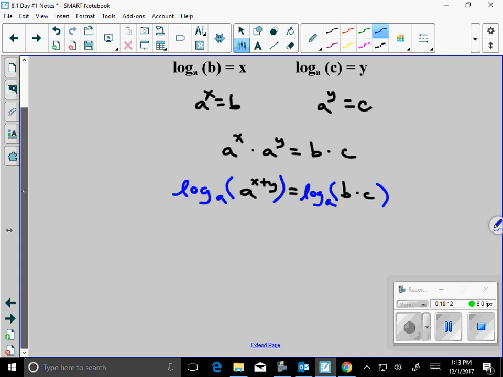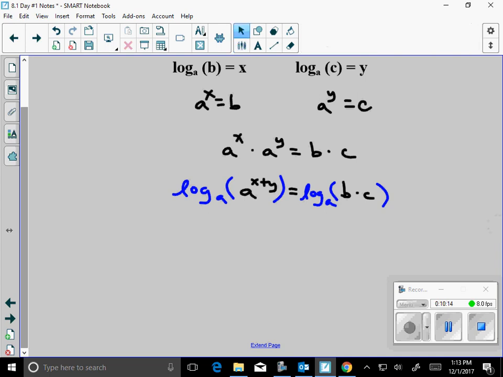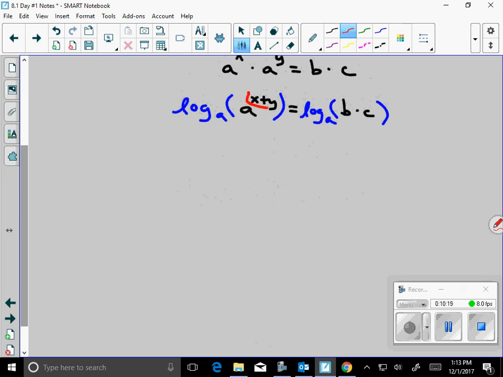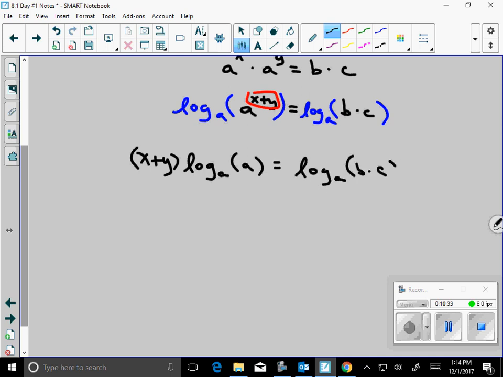We're almost there. What can I do with an exponent now? What can I do with this thing? Bring it down in front. So x plus y times log base a of a equals log base a of b times c. What would the log base a of a equal? 1.